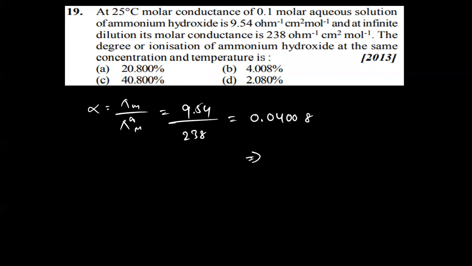And because the options are given in percentage, if you multiply this value with 100, you will get 4.008 percentage. So in the given options, option B is correct.